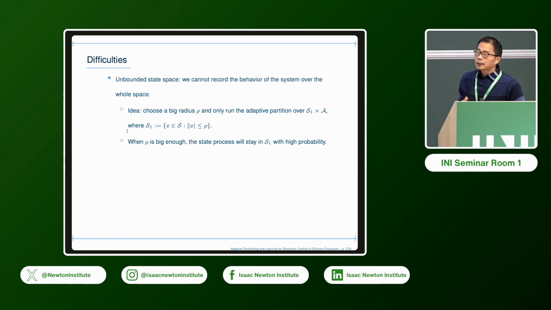Later we will try to balance the final performance by choosing a proper size of this ball, called rho. So you see why I give an estimation of the probability that the state process goes out of the big ball.